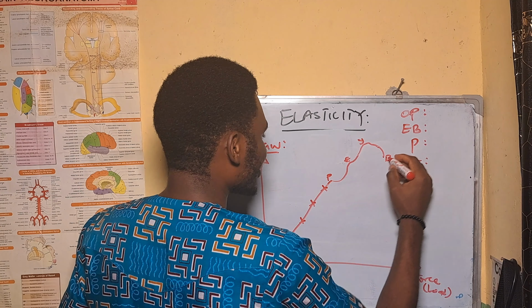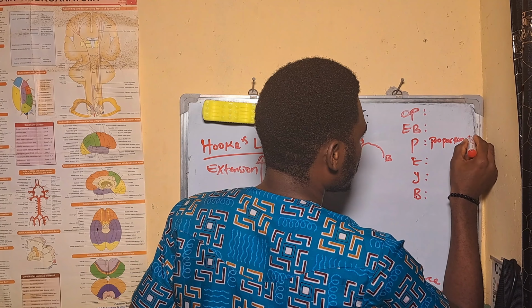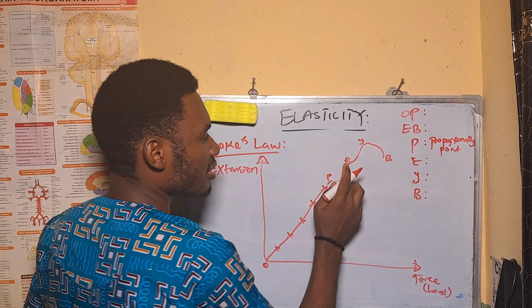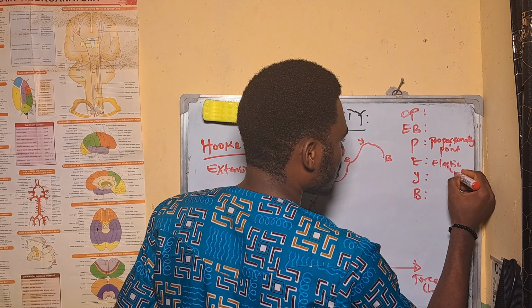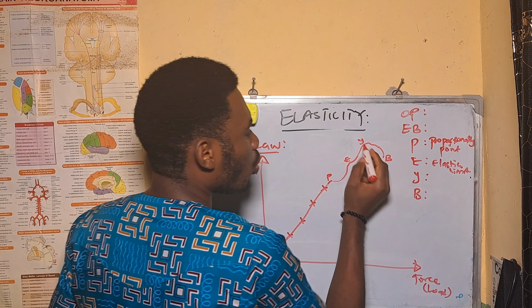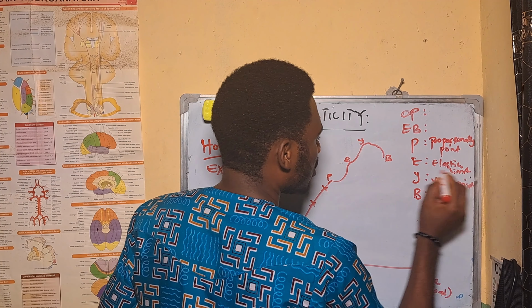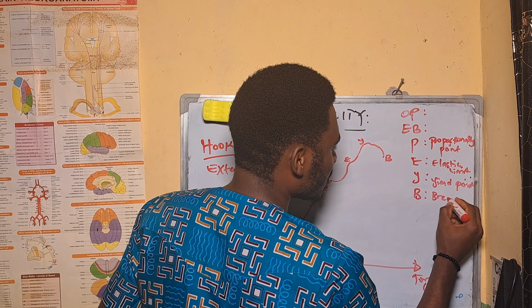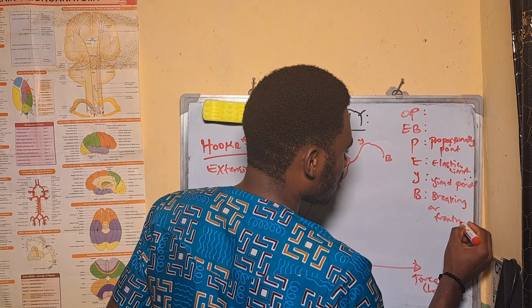So this P stands for proportionality point. This E stands for elastic limit. This Y stands for yield point. This B stands for breaking point, or fracture point.